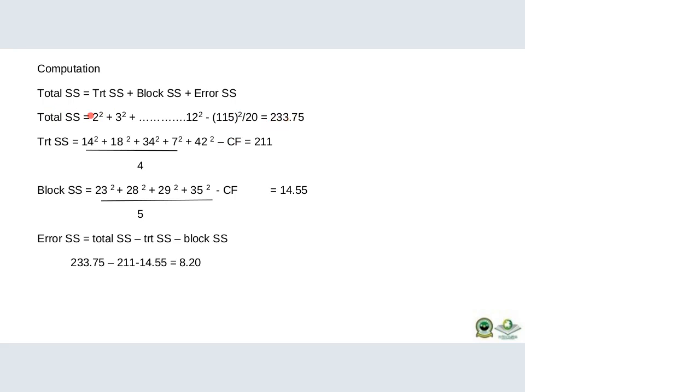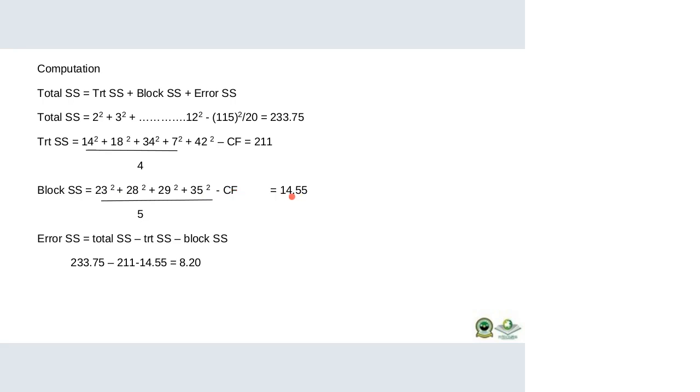You get the total sum of square minus the correction factor. The process has not changed. The process to obtain the treatment sum of square is still the same value. What we have now is the blocking, where we take the replicates, get the square of the total all over the number of observations that made up the total, and now minus CF.